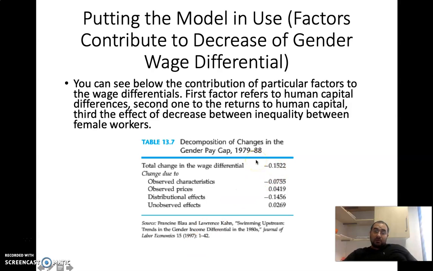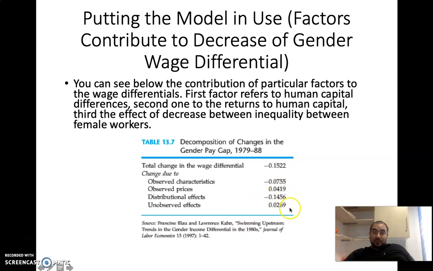It looks at the wage difference, how much the wage gap has changed from 1979 to 1988. There's a decrease which is equal to 15%. So what contributed to this decrease? The observed characteristics, the human capital characteristics, have been effective in decreasing it.